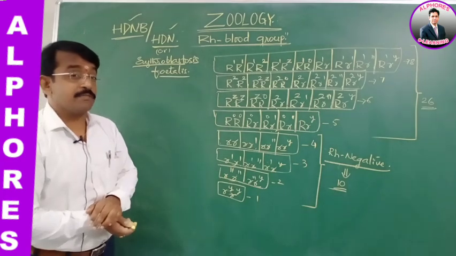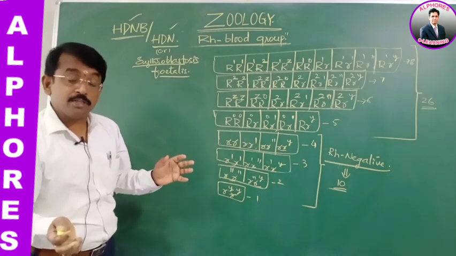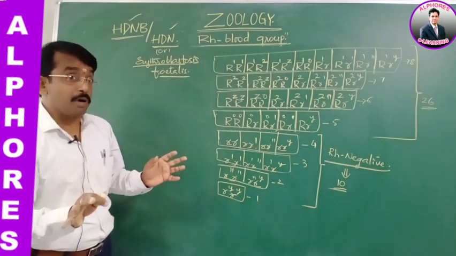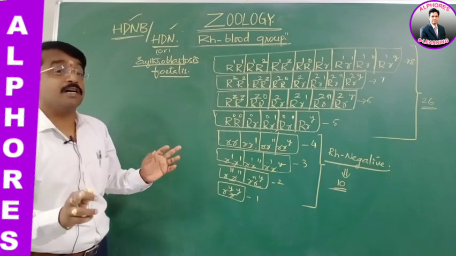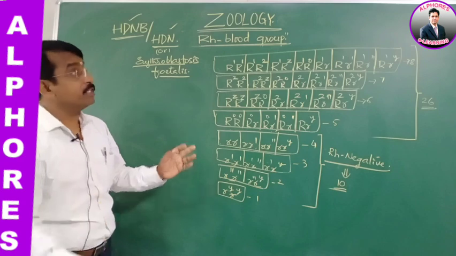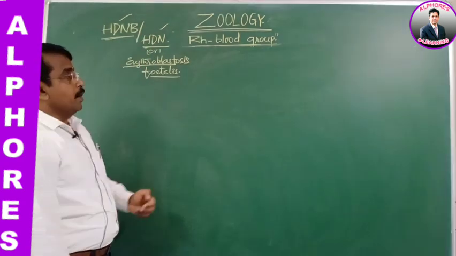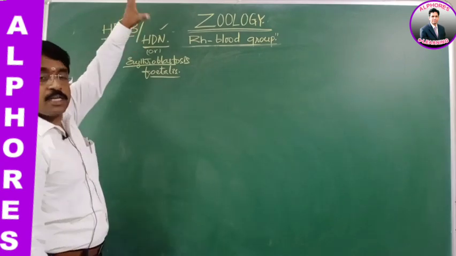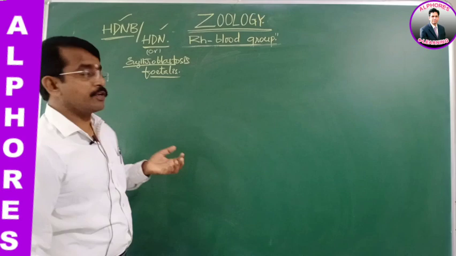In the fetus, the RBCs are ruptured because of clotting. Why does clotting take place? It is the genetic incompatibility, the existence of two different blood groups. Rh positive and negative result in genetic incompatibility, leading to HDNB or HDN. Now let's see what these consequences are.